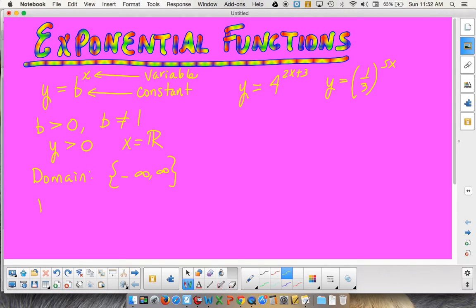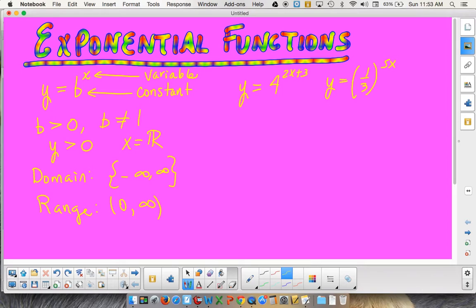The range, however, that's the y-coordinates, is always going to be greater than 0. So those are two key factors to keep in mind. Those are going to have a huge impact when we do logarithms and do the inverse of an exponential function next time.